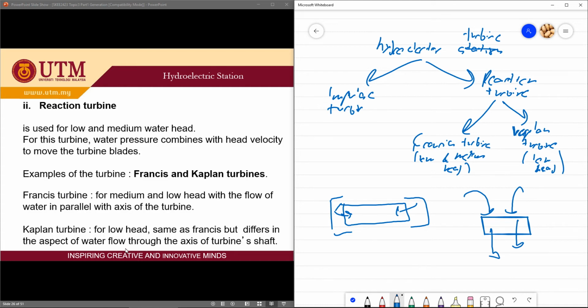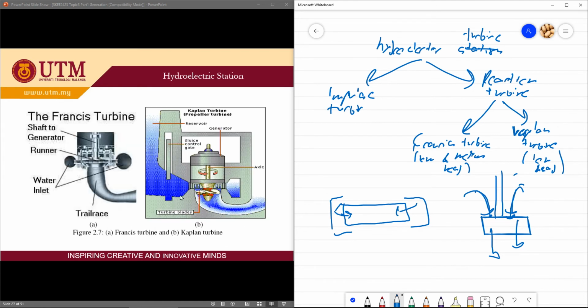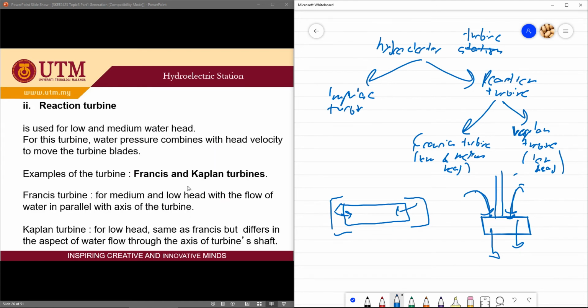If you want to write this, the water flows through the axis of the turbine shaft. So this is the turbine shaft, and the water flows through the turbine shaft. That is the difference between the Francis turbine and the Kaplan turbine.